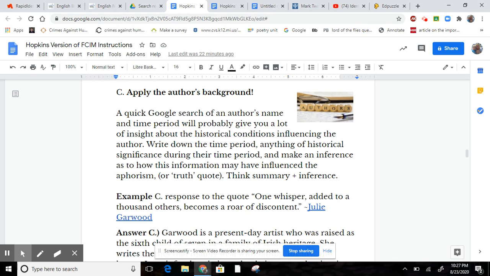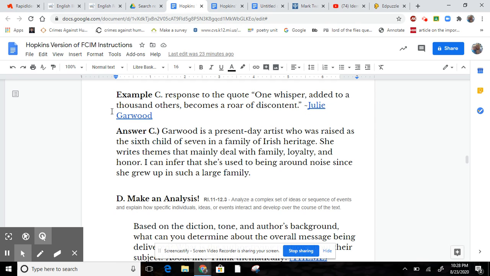Write down the time period, anything of historical significance during their time period, and make an inference as to how this information may have influenced the aphorism or the truth quote. Think summary of their background plus an inference on how their background might influence what they've written.